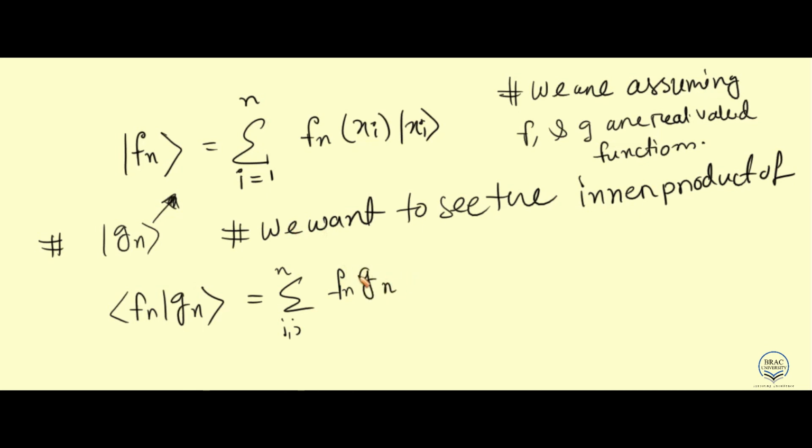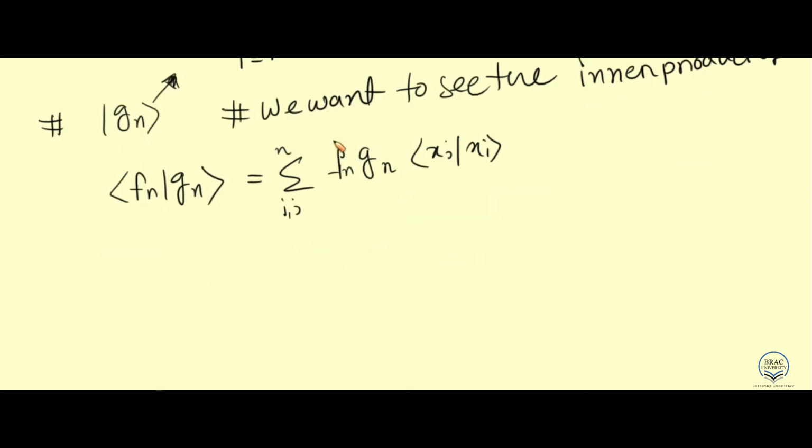And obviously both of them will carry some x's, but I'm not writing them explicitly. And g of n can be written in this xj basis. So since we are adopting the general case, let's just write x of j, and these are basis vectors, right? And they are orthogonal to each other, so they will give us a delta ij.